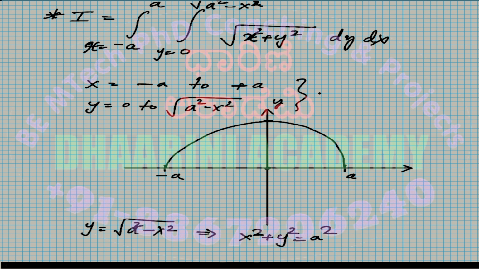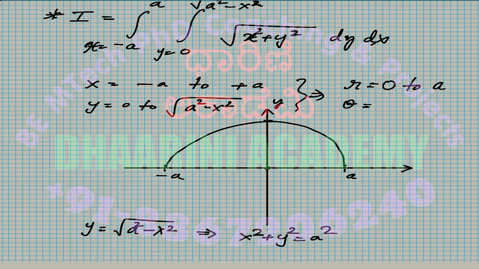So now I am able to decide what happens to r and theta. R is only positive. The minimum point, on the origin, will have r equal to 0, and a point on the circumference of this circle will have r equal to a. Are you fine? R is varying from 0 to a.